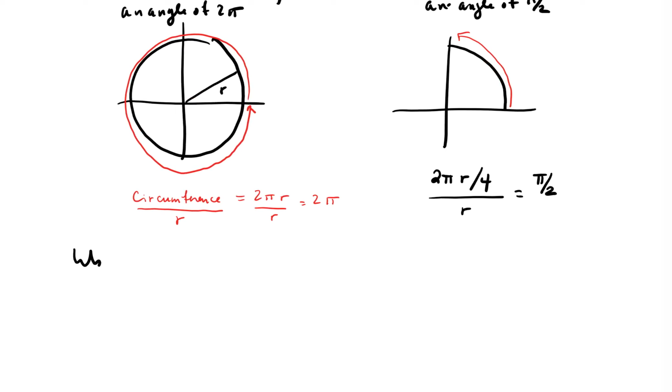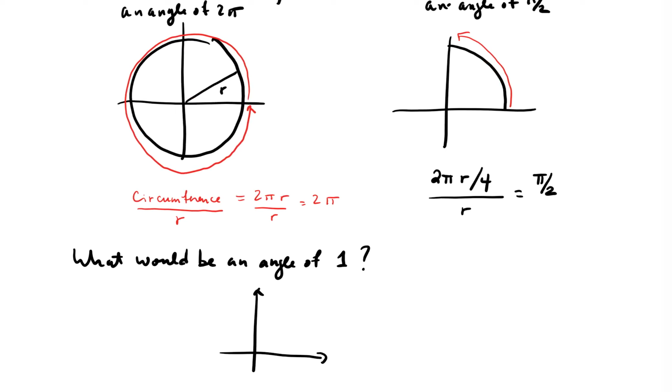Now, what would be an angle of 1? If you think about it, it would be an arc such that the length of the arc L over r must be equal to 1. In other words, L must be equal to the radius. So if this is r, and this is r, L must be equal to r.